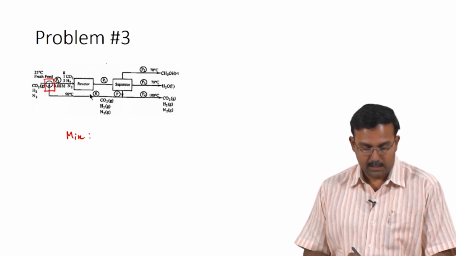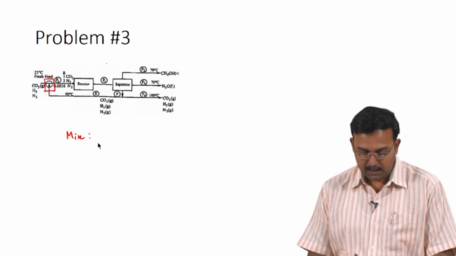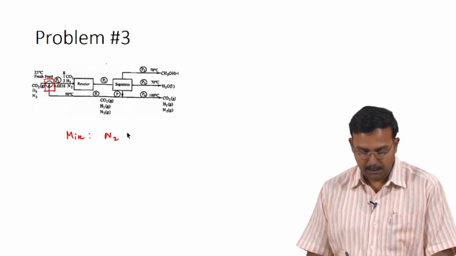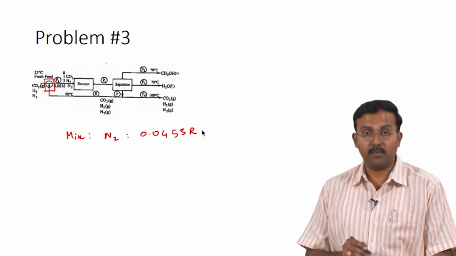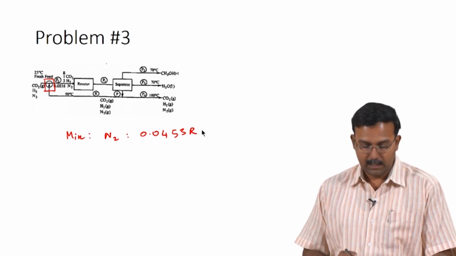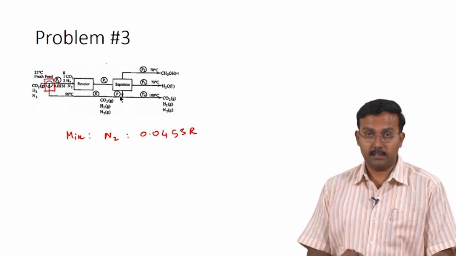So, let us try to get this. Let us first write the nitrogen balance. The nitrogen balance would be simple. You would have 0.0453 R. We had already calculated the mole fraction for nitrogen in R, which is equal to the mole fraction of nitrogen in P, right.